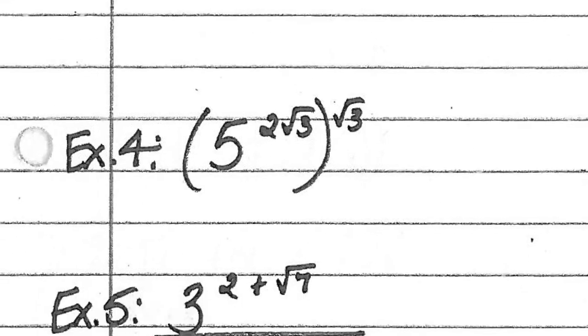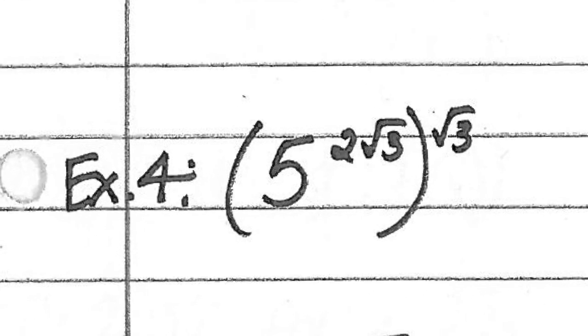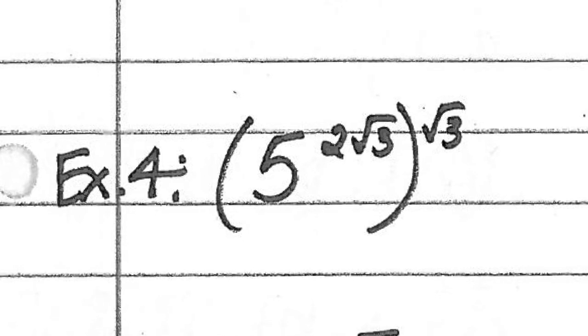All right, I'm going to move on to some multiplication and some harder ones. Some of these you could look at right in the book. Let's go back to the basics. When I have a power to a power, I multiply. So this is literally saying 5 to the, that's a root, sorry, this is a root 3 and a root 3. So I'm actually multiplying 2 root 3 times root 3.